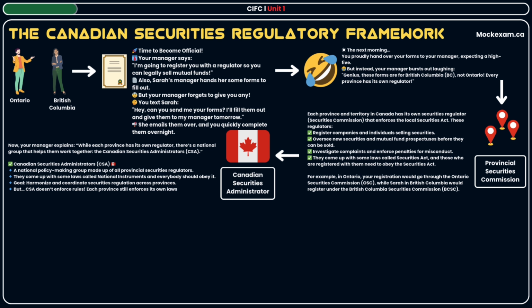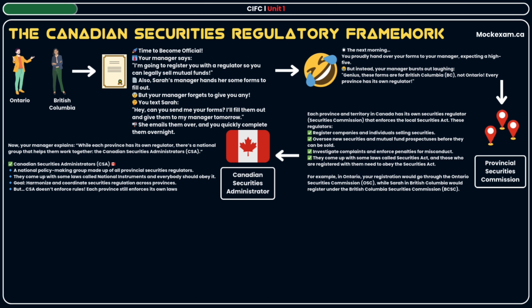They need an umbrella organization that coordinates and harmonizes these provinces so that one province doesn't have an absurd and irrational rule. Each has its own Securities Act, but these Securities Acts are almost the same in all provinces because they are under one umbrella organization, which is the CSA.